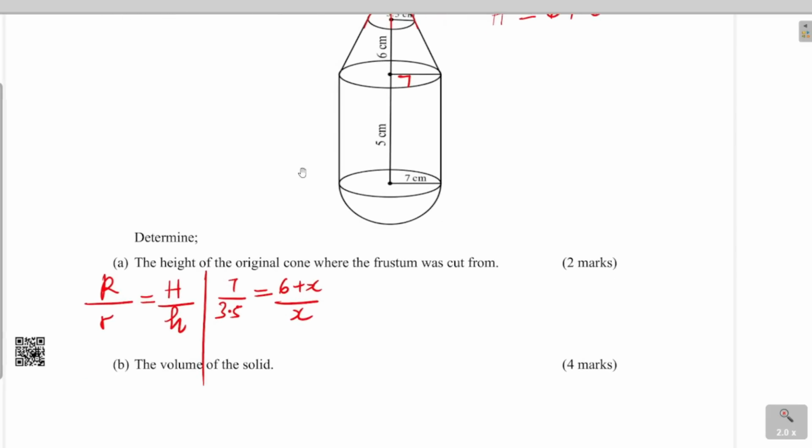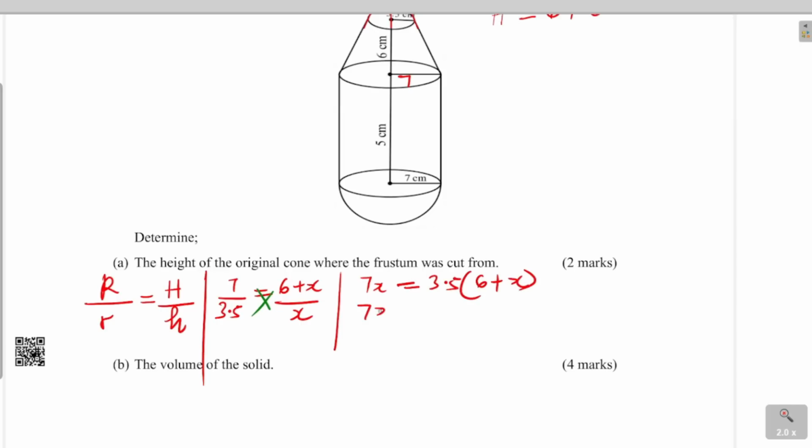Using these, we'll get the value of x, which will assist us to get the height of the original cone. So we cross multiply: 7 times x gives 7x equals 3.5 multiplied by 6 plus x.